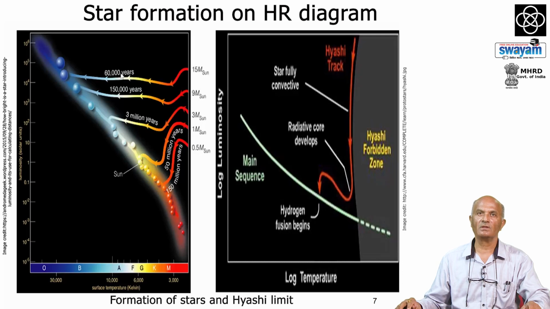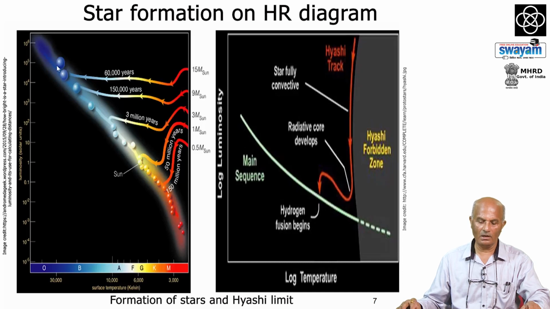So, from this we see very clearly that the pre-main sequence phase lifetime of low mass stars is very large. As mass increases, the pre-main sequence phase lifetime decreases, and massive stars end up at a higher temperature, where hydrogen burning starts.